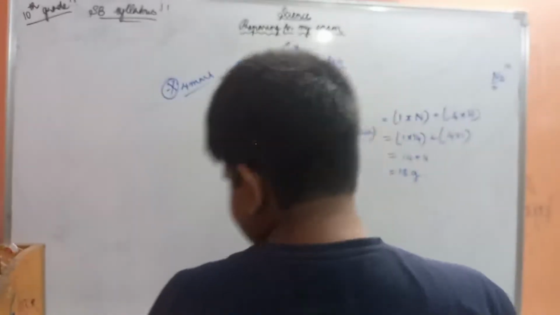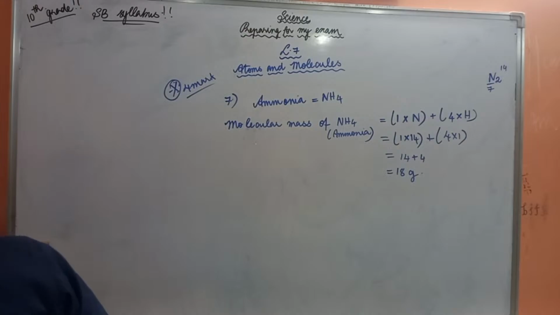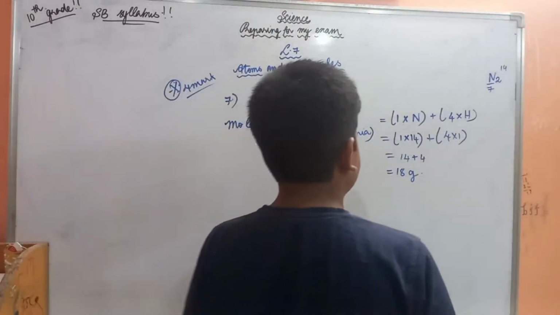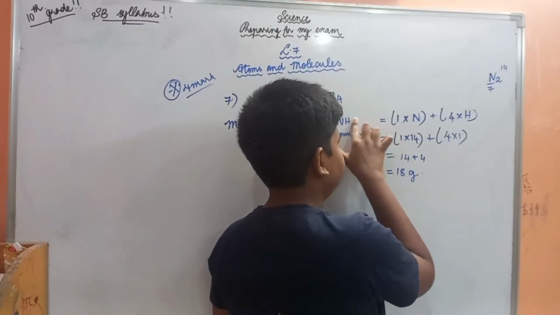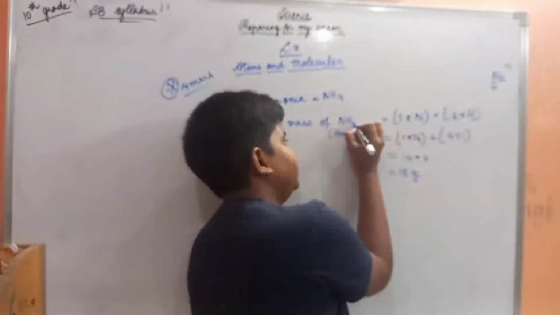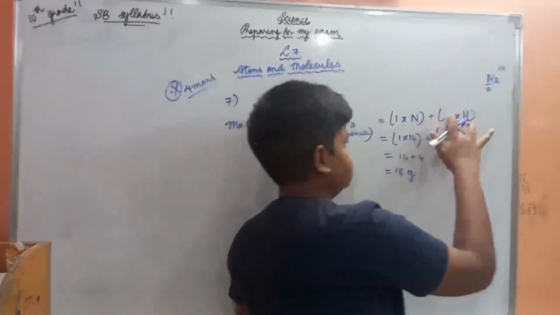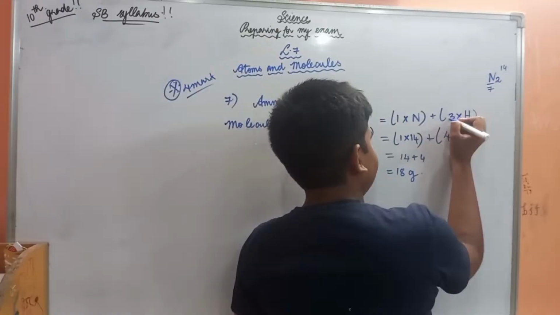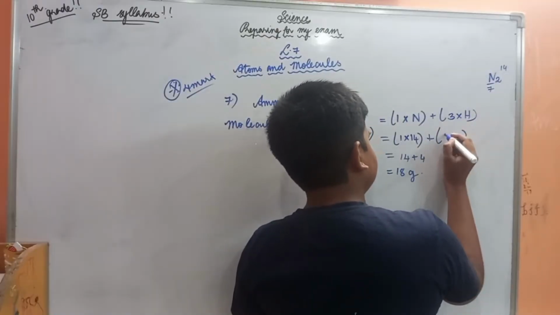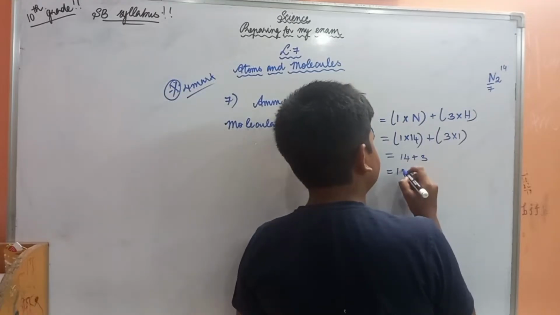Sorry for the confusion, it's not NH4, it's NH3. Sorry guys, I made a huge mistake. So the molecular mass is 14 plus 3, which is 17.